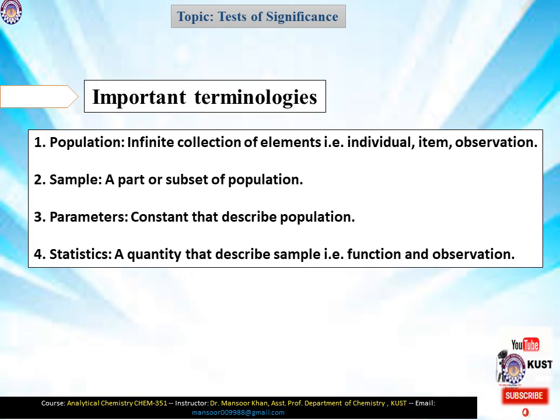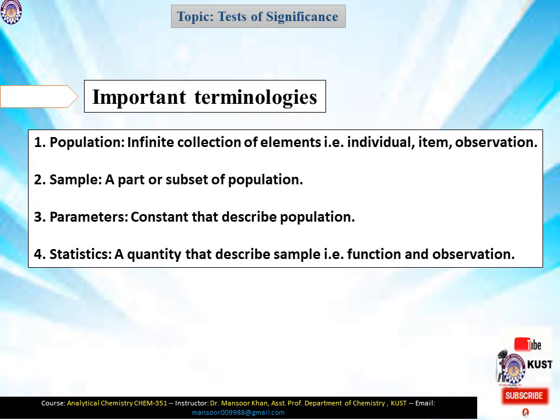So what is a sample? A sample is a part or subset of the population. It is basically that part of the population which is the structural representation of the population. It consists of all the ingredients which a population contains.